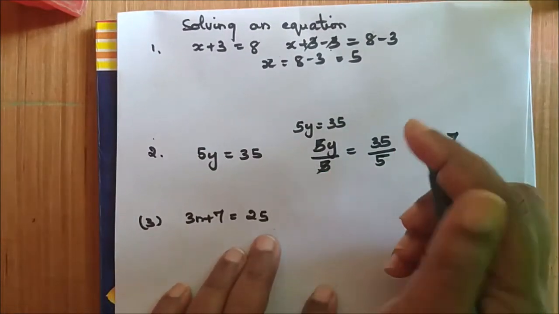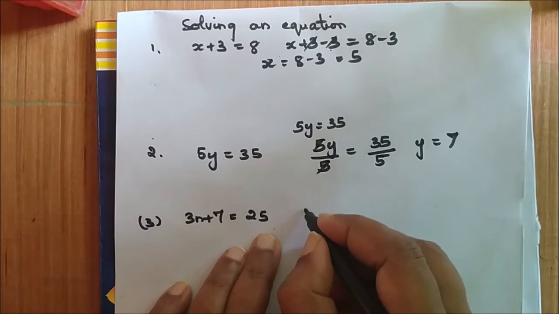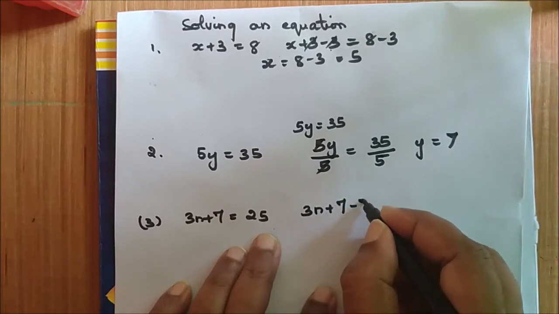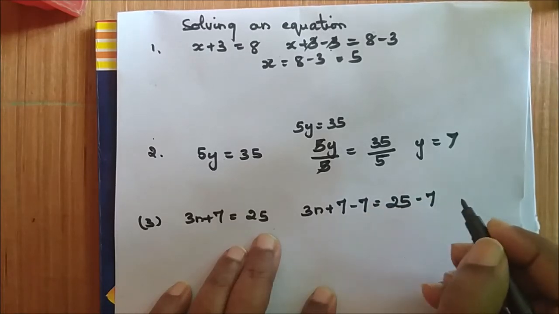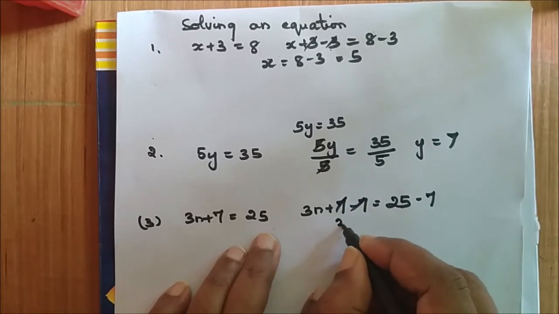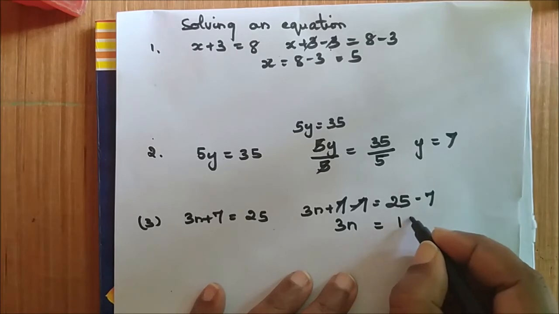Now we will do this equation. 3n + 7. So first, what will we do? 3n + 7 - 7 is equal to 25 - 7. Now this and this will get cut. I have 3n is equal to 18.